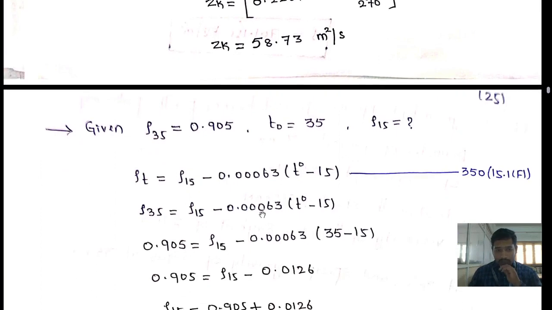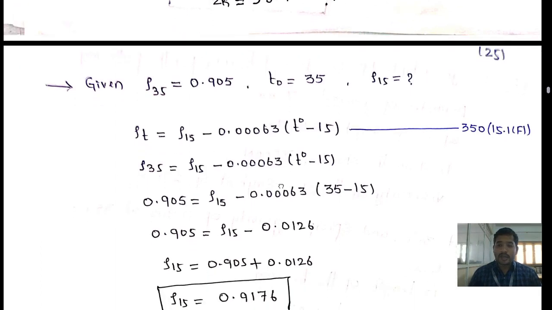Density at temperature T equals density at 15 minus 0.00063 times (T0 minus 15), where T0 is the operating temperature. Refer to page number 315, equation 15.1f, from the design handbook.